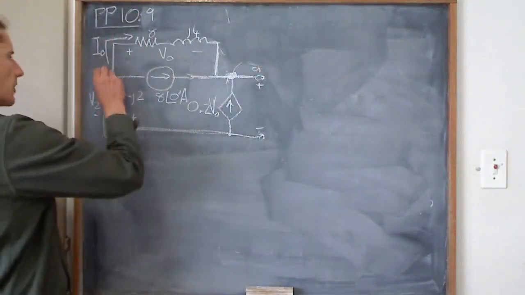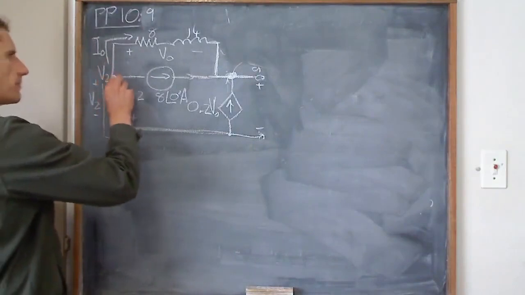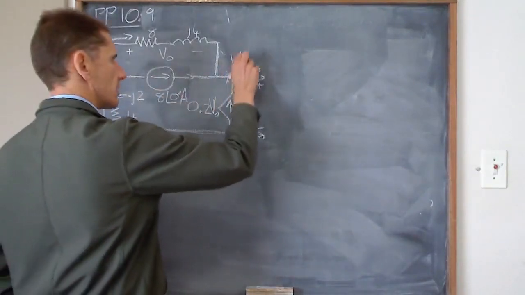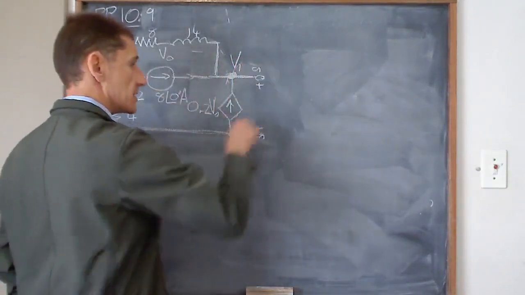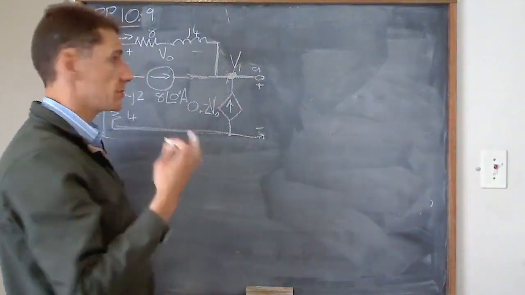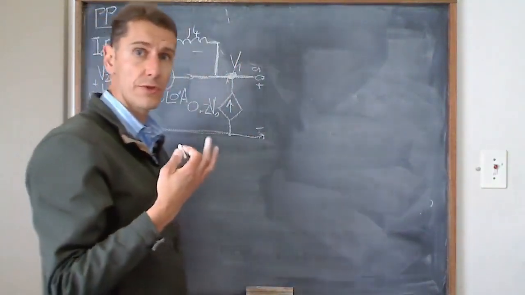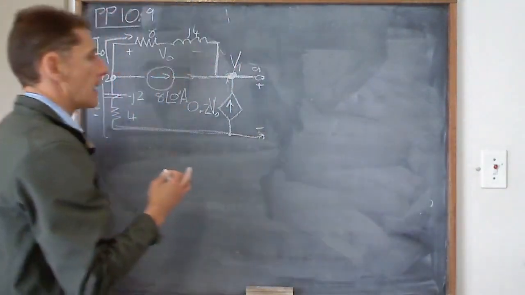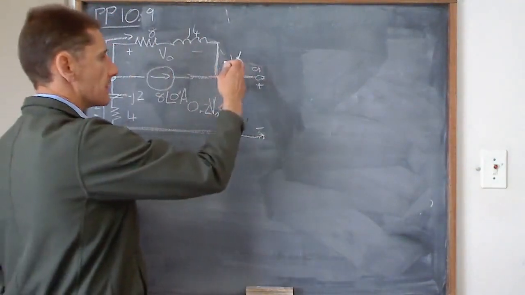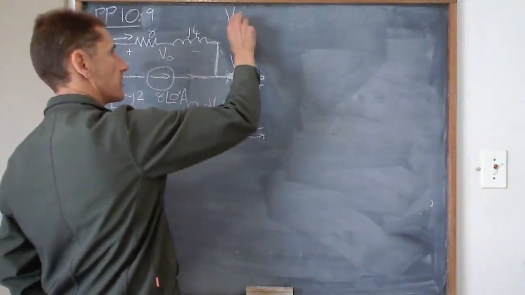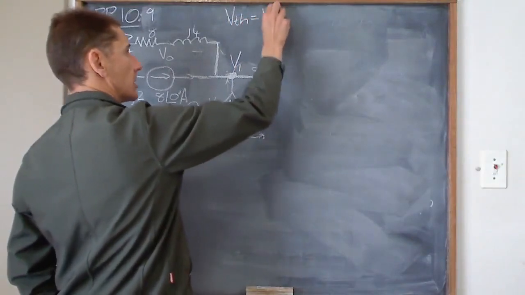So we've already got this as V2. So let's now call this V1, which is our Thevenin voltage. Remember, our objective still is to solve for the Thevenin voltage. In this case, V Thevenin is now going to be equal to V1.